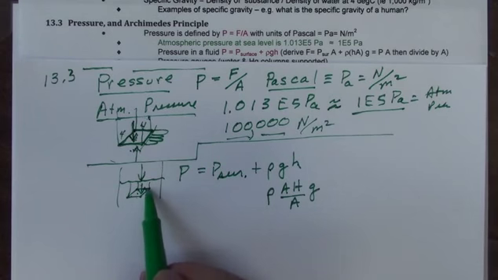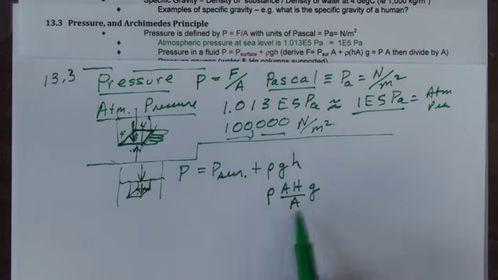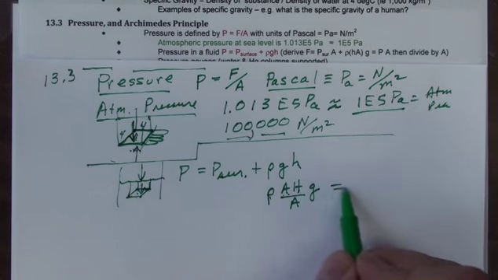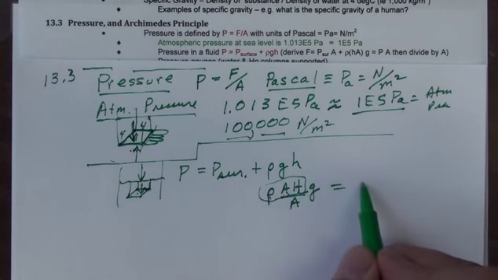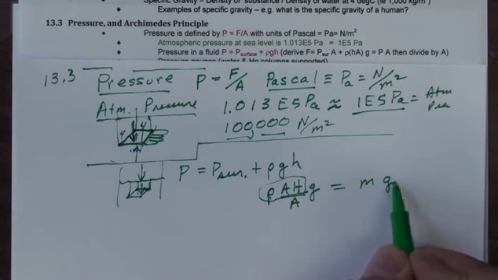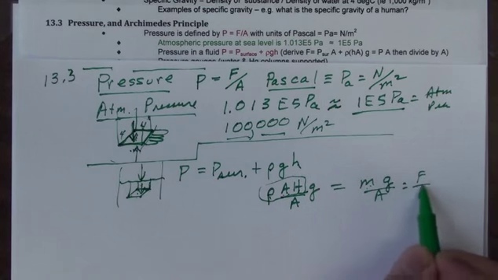Well, the area times the height in the liquid is the volume. The volume times the density is the mass. So this term right here is the mass. That's mg, so this is the force, which is the force per unit area.